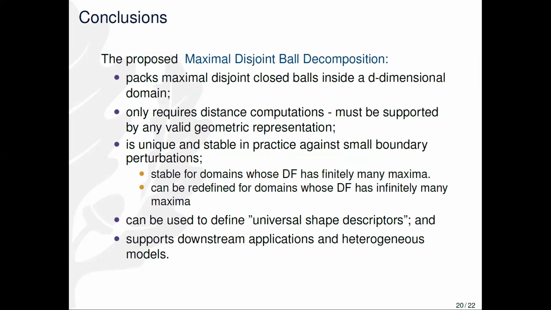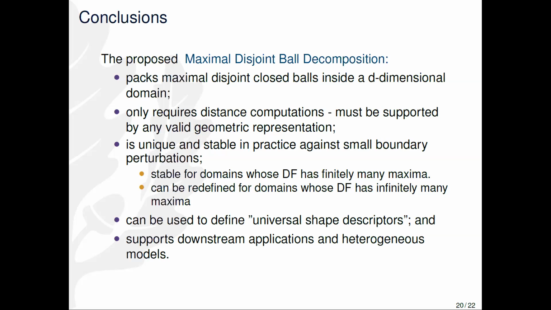To sum up, here we propose maximum disjoint ball decomposition, which is a pack of maximum disjoint closed balls inside a d-dimensional domain, and it only requires distance computations, so it must be supported by any valid geometrical representation. We show that it's unique and stable in practice against small boundary perturbations.